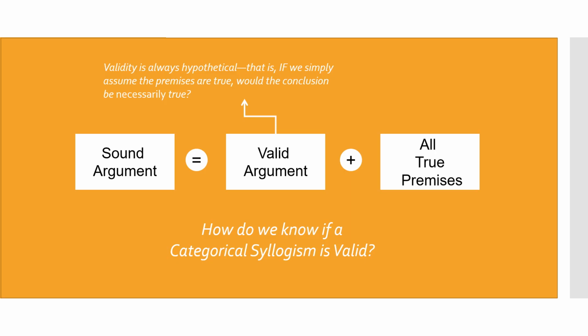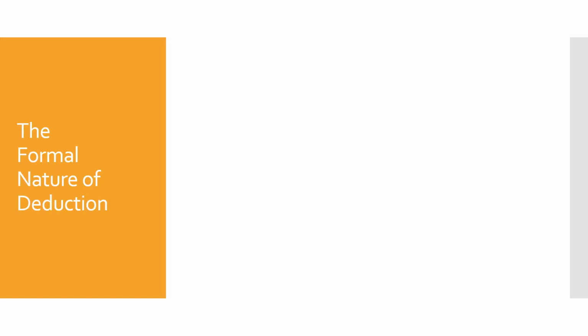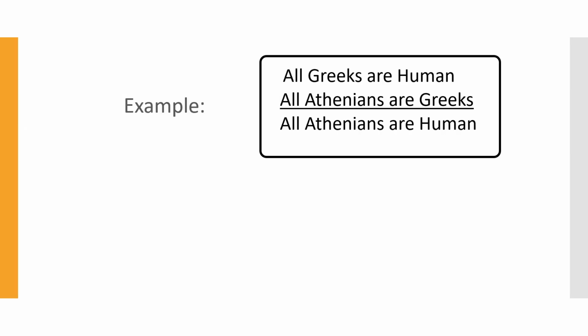So our question in this entire video is, how do we know if a categorical syllogism is in fact valid? It is also worth taking a step back to remind you of the formal nature of deduction. A deductive argument's validity is grounded ultimately not on the content of the argument, that is, not whatever it is you're actually talking about, but merely on the form that the argument takes.